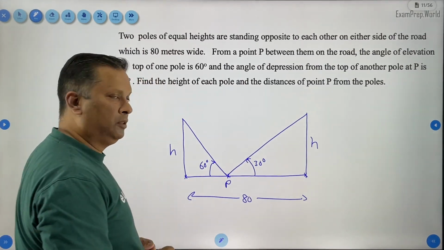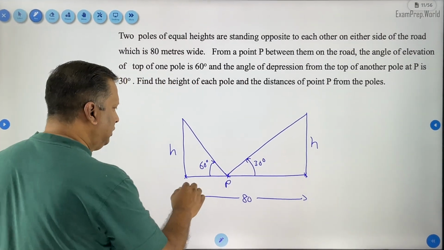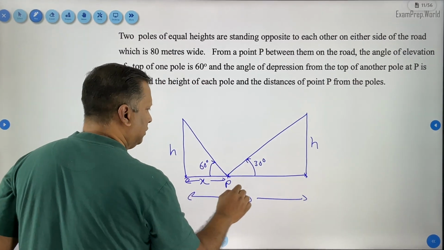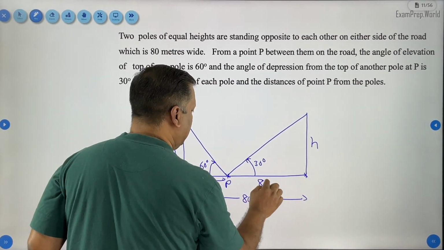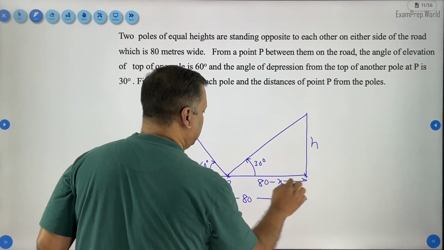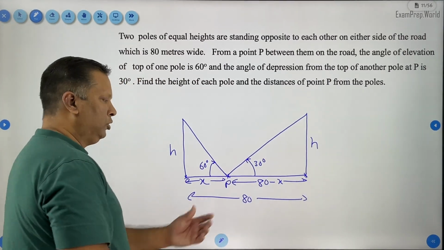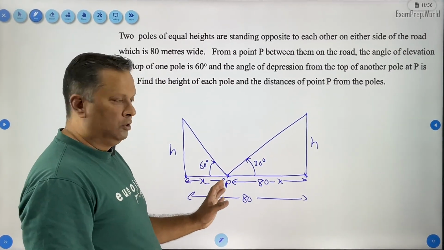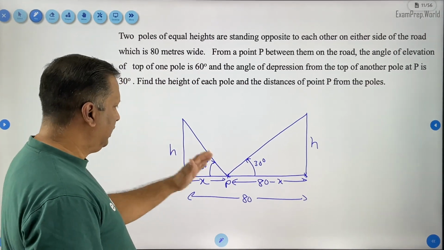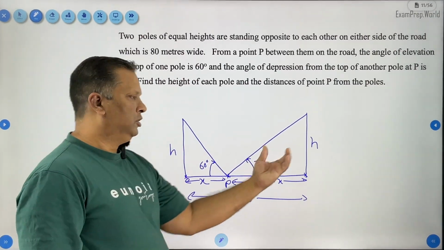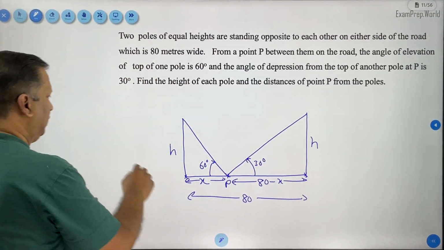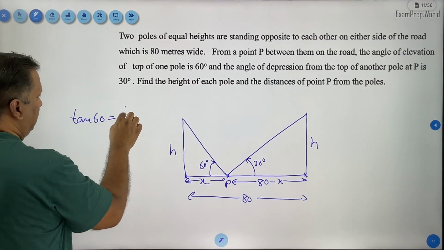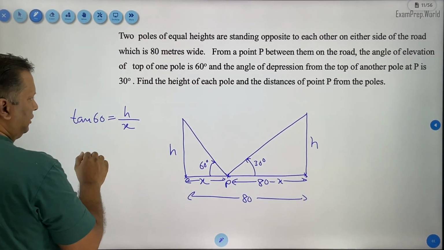We have two triangles, right? So one of the things I will take as x here. So this becomes 80 minus x, because the total is 80, right? Now you have two triangles. So let's do the ratios of tan for this triangle here. So tan 60 is equal to h upon x.